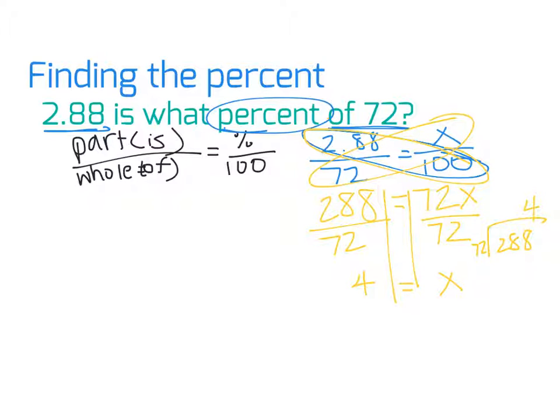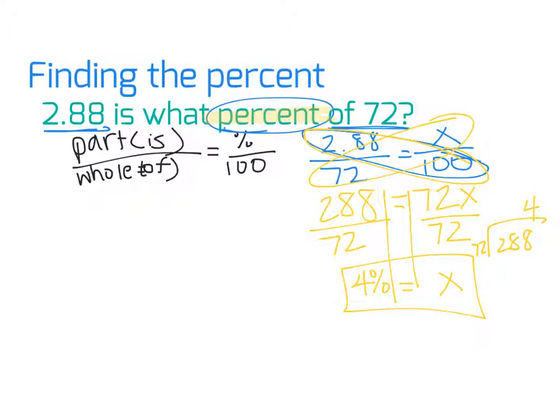However, the answer to this problem is not just 4. Since it's asking me for a percentage, I want to know what percent. I am going to make sure that I include that percent sign in my answer. So my answer would be 4%.